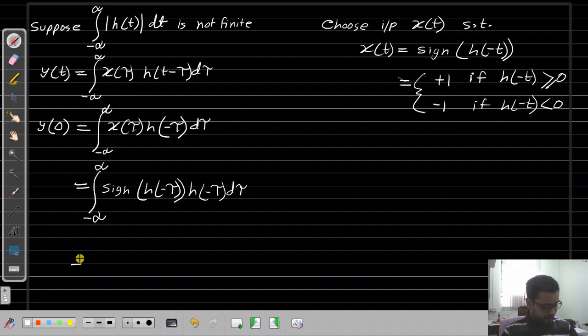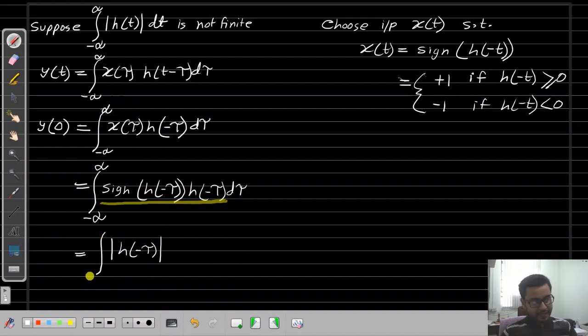Then you notice that this is the same as the modulus of h(minus tau), because if h(minus tau) is positive, then this is just plus 1, it does nothing. But if this term is negative, then this is minus 1, so it makes it positive.